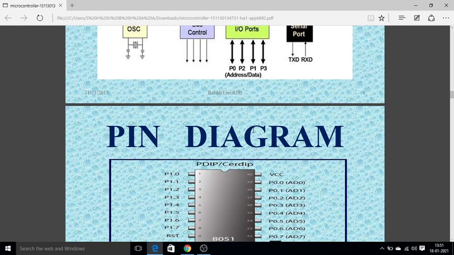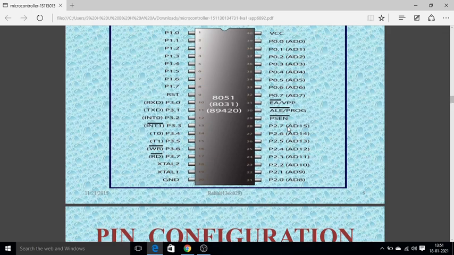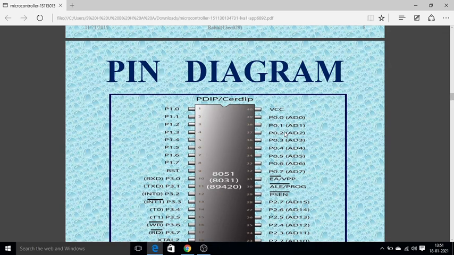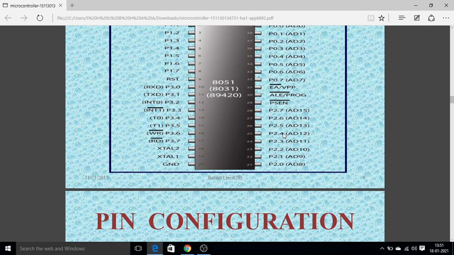Then these are used for read and write operations between the peripherals and the 8051, so that is indicated by these two pins.